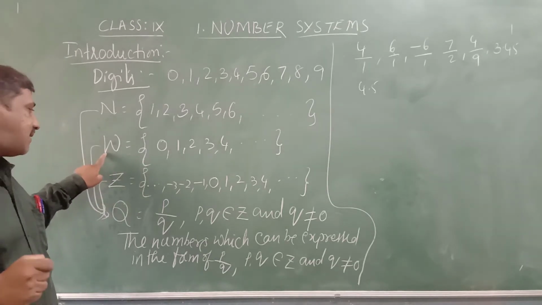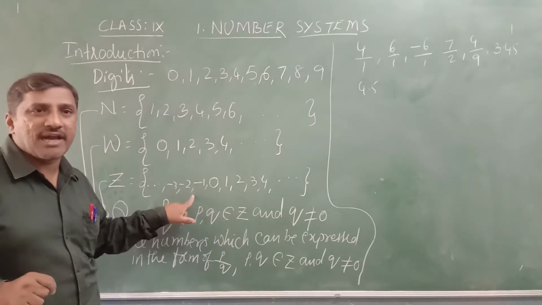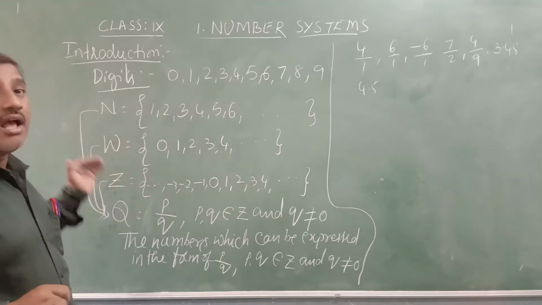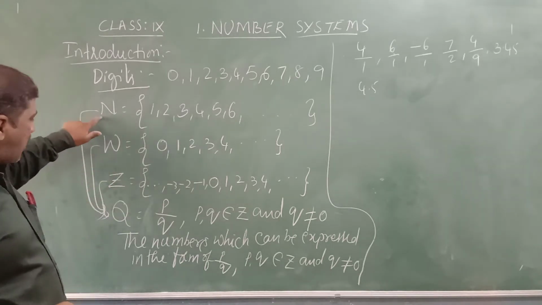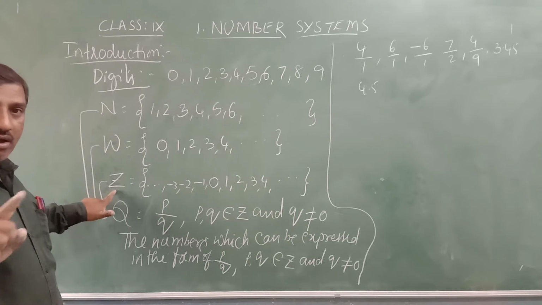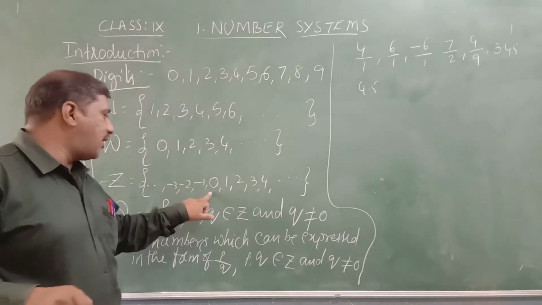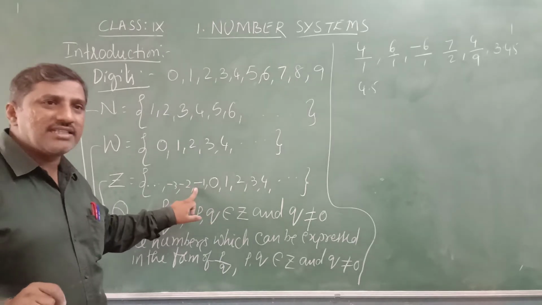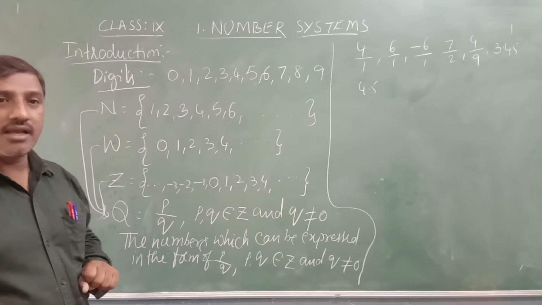Why? Because integers contain negative numbers such as -1, -2, -3, etc., which do not belong to whole numbers. All natural numbers are integers, but all integers are not natural numbers, because 0 is an integer, -1 is an integer, but they are not natural numbers.